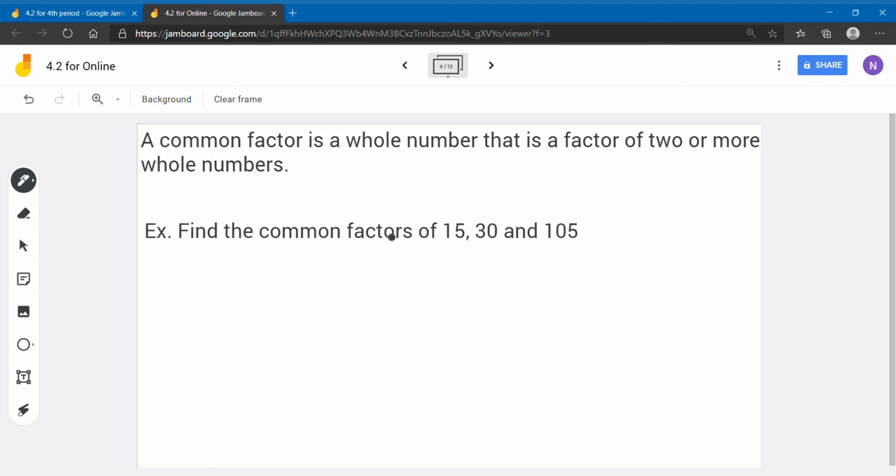So let's start with 15. 15 is basically 1 times 15, and then 3 times 5. Is that all the factors of 15?